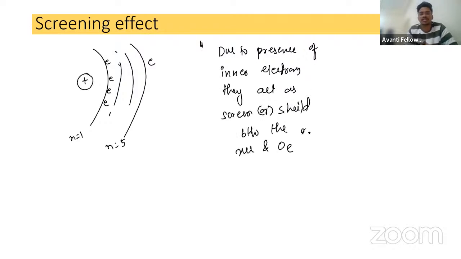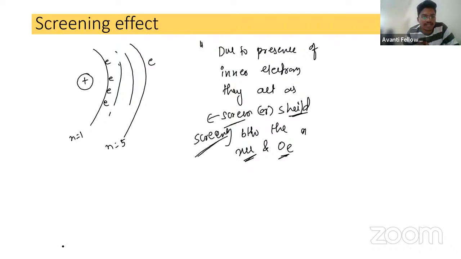Very important. What is the screening effect? Due to the presence of inner electrons, they will act as a barrier or screen or shield between the nucleus and outer electrons. Because of the screening and shielding, we call this effect the screening effect or shielding effect.